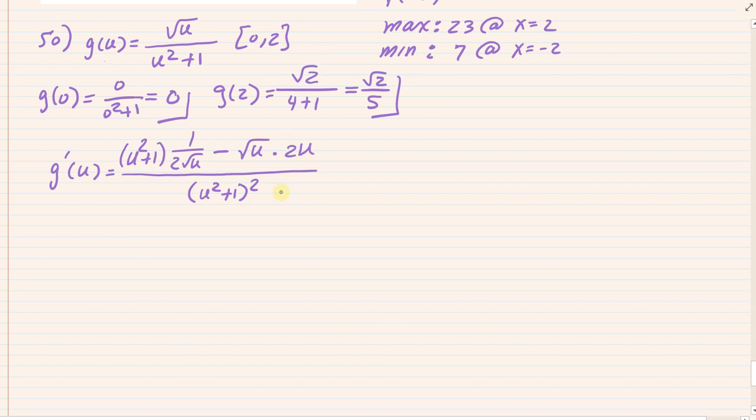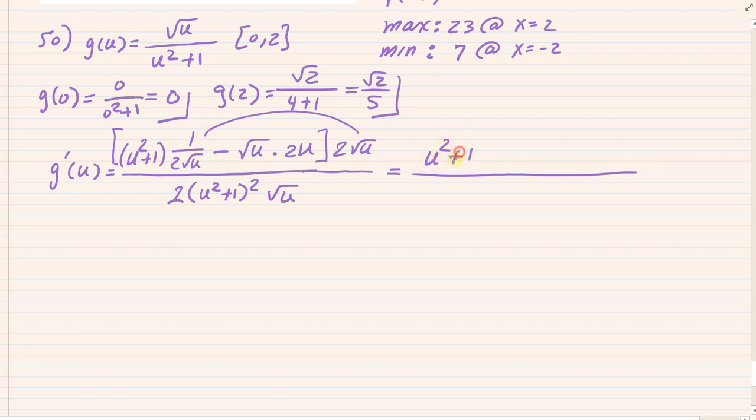Now, for this one, just to get rid of the complex fraction, I'm going to multiply top and bottom by square root of u. In fact, let's multiply top and bottom by 2 square root of u, because I see a 2 in this denominator. So I'm going to do 2 root u, and this is 2 root u on the bottom. Then distribute 2 root u times the first fraction, which makes 1, so I just get u squared plus 1.